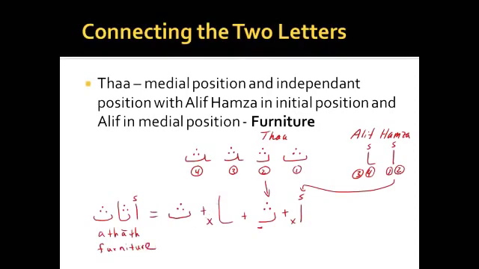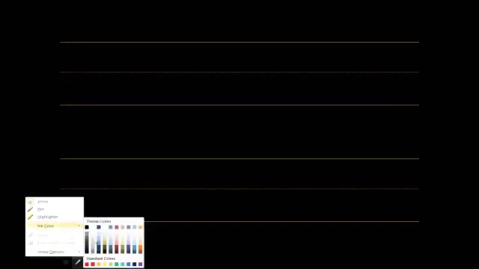Okay, let's write this a couple of times. I'm going to change to yellow here. So here we have the word athath. I'm going to write my alif hamza, tha, 3 dots, and tha again. Athath.